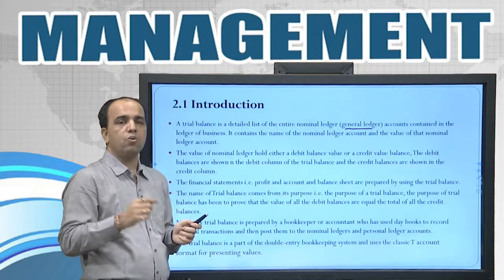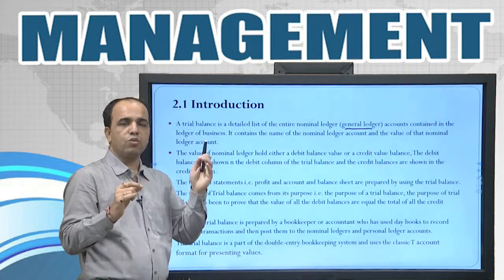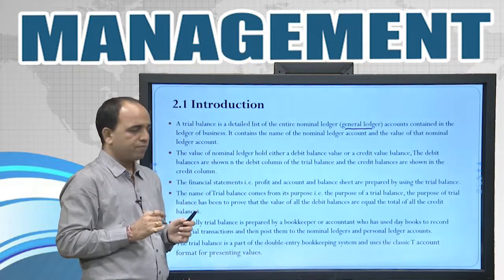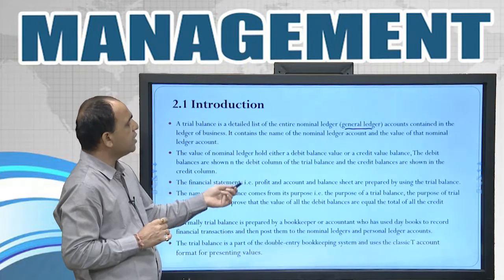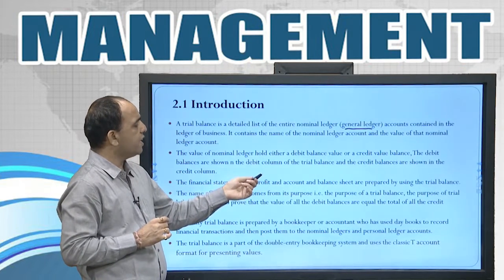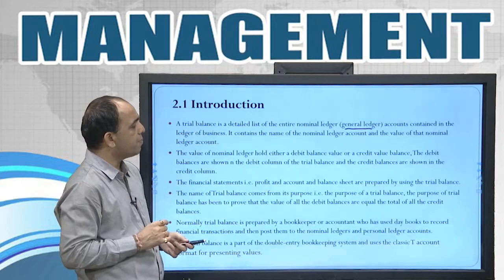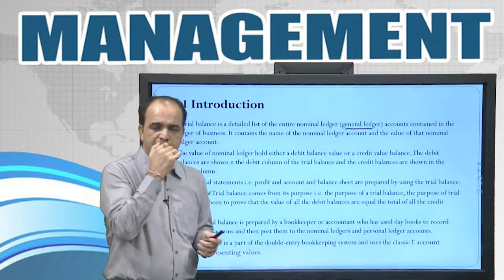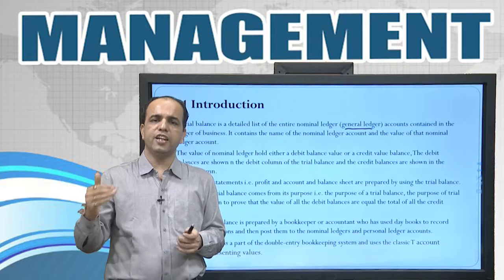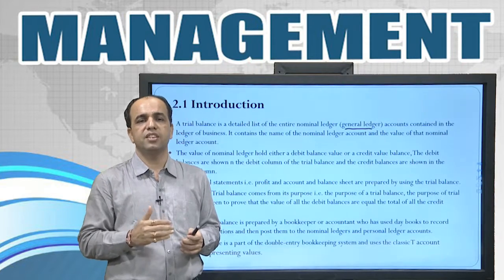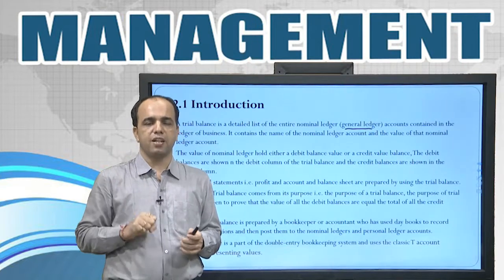How to find out the balances, that you were taught in the posting chapter. The financial statements, profit and loss account and balance sheet are prepared by using the trial balance. As I said, friends, generally the final account at the end of the year, when we prepare the balance sheet, is prepared from the trial balance.